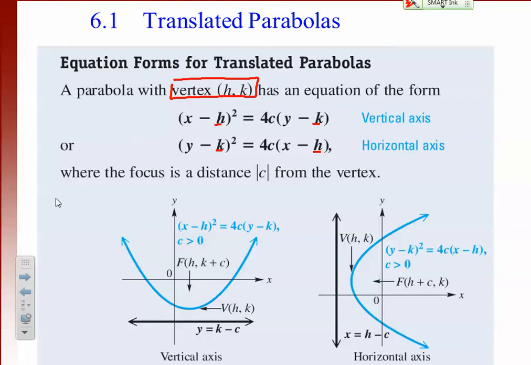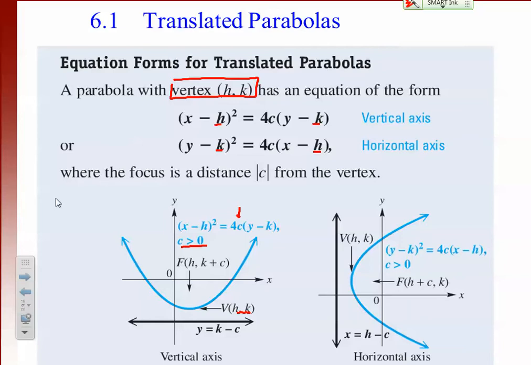And you can see they have some examples here. For the vertical axis, if this value of c is greater than 0, it's going to open upward, but the vertex is going to be offset. The vertex is at hk. And the directrix is a horizontal line, and the formula for that is k minus c. The c is there from the equation.